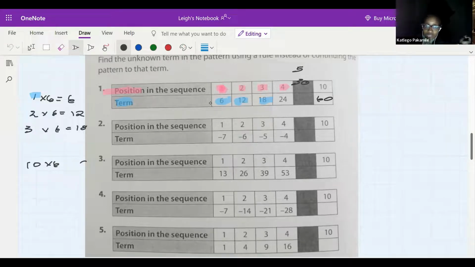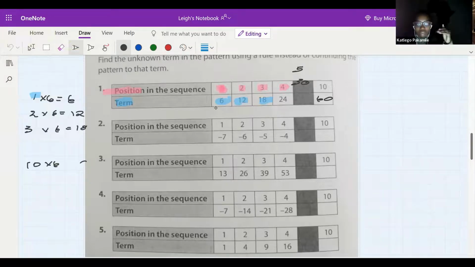Remember, we would give you a sequence like 6, 12, 18, right? And then you had to tell us what was coming next based on the one before. So you would look at 6 and 12 and say, okay, I'm adding 6 to go from 6 to 12. I'm adding 6 to go from 12 to 18.